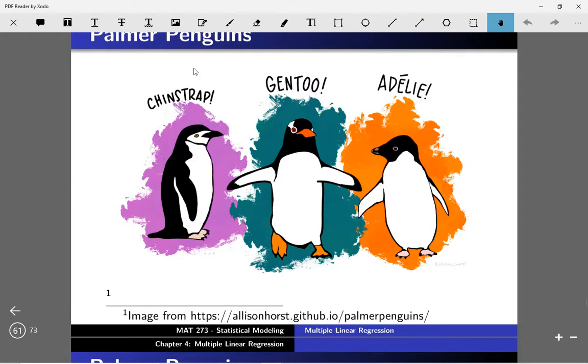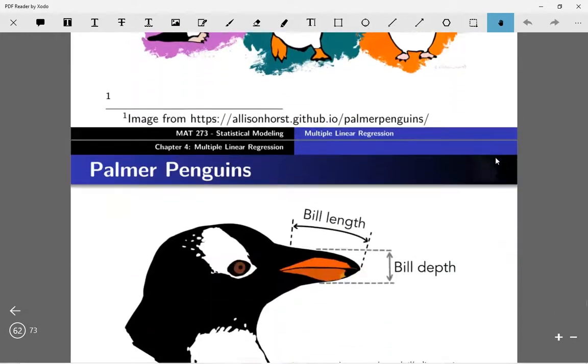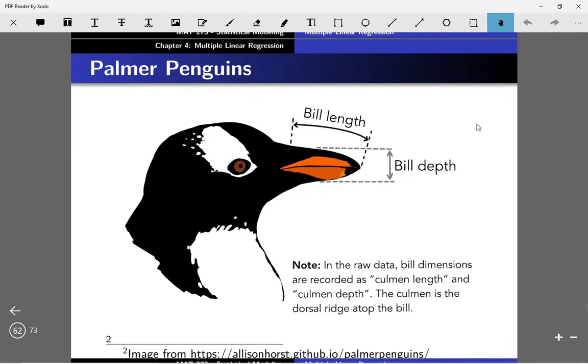Someone took the time to record all these things on these penguins and then put it together in this data set as a good example for regression modeling, where maybe you have a categorical predictor, like their species. So here's a picture of the chinstrap penguin, Gentoo, and the Adelie. They all look a little bit different, and maybe have different dimensions in terms of their bills and flipper lengths and such. So we're going to look at an example of modeling their bill length.